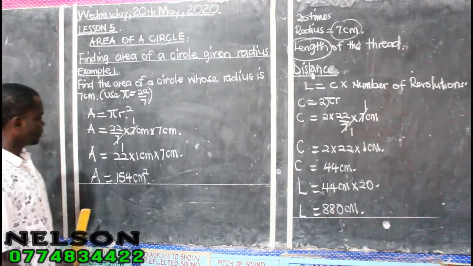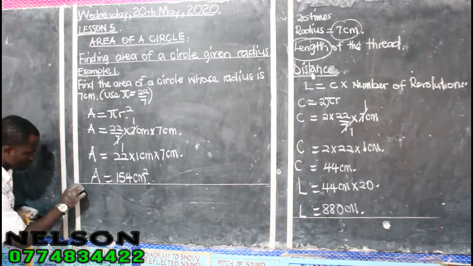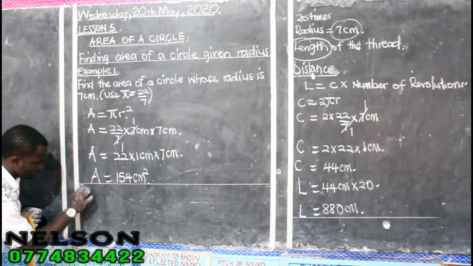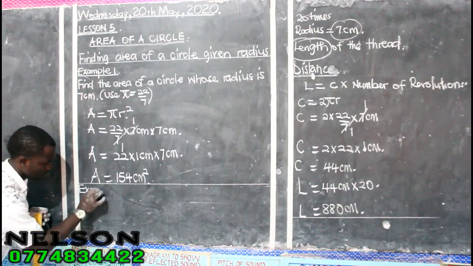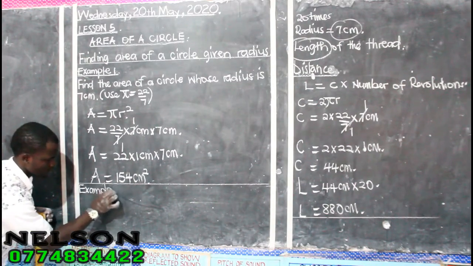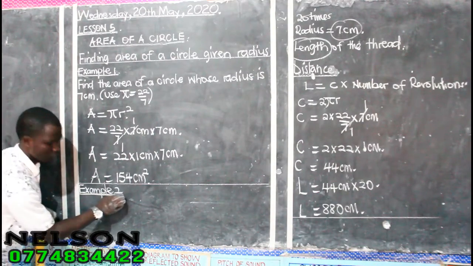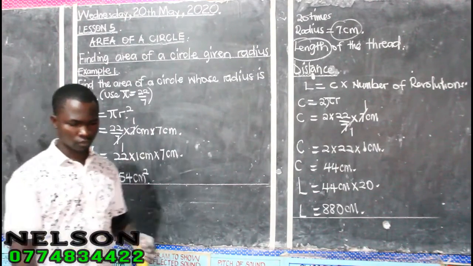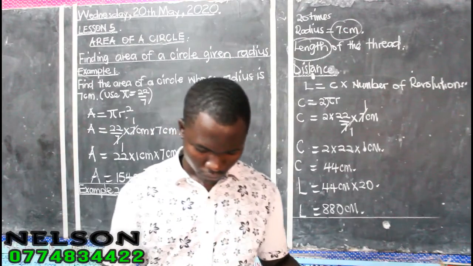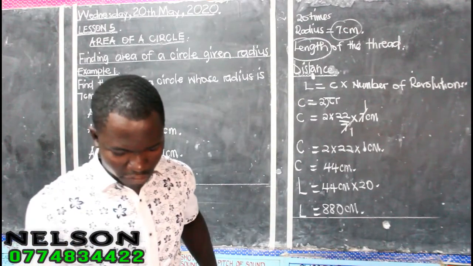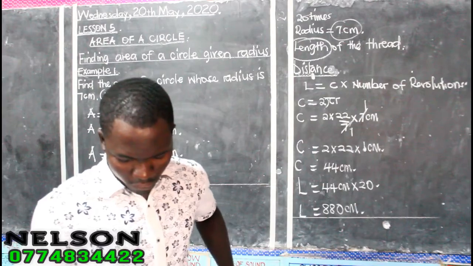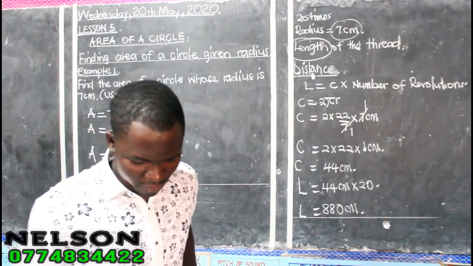Number 2. Question 2. A circular tablecloth has a radius of 20 centimeters. Calculate its area.